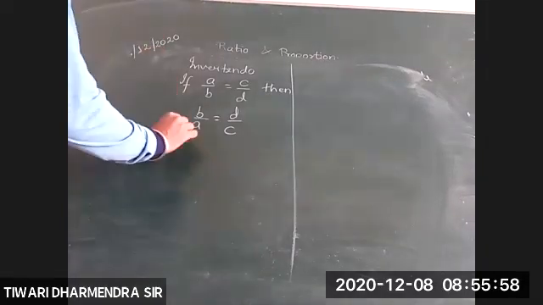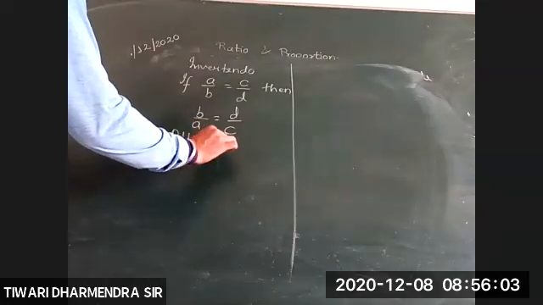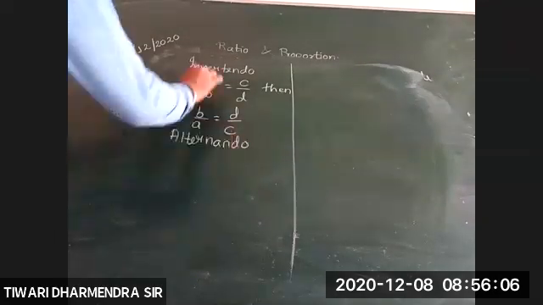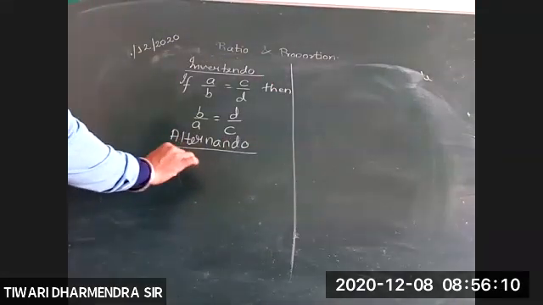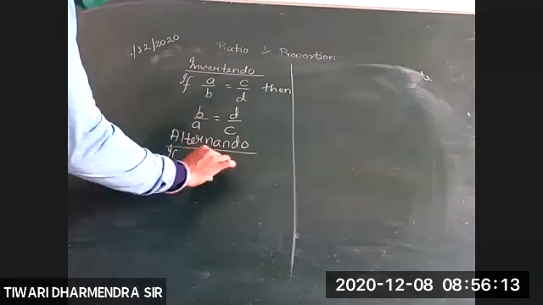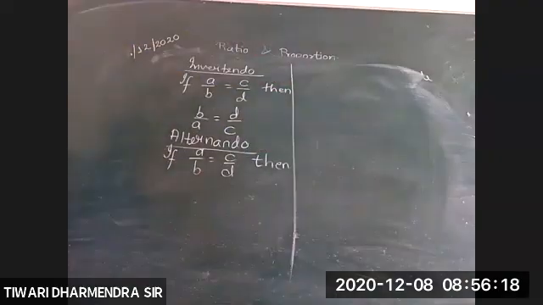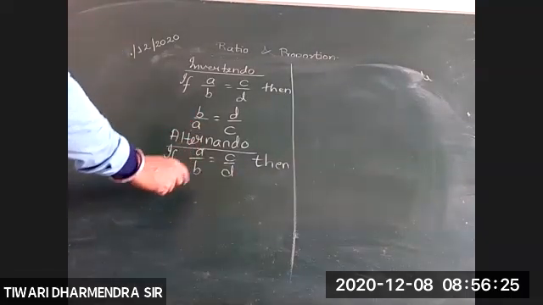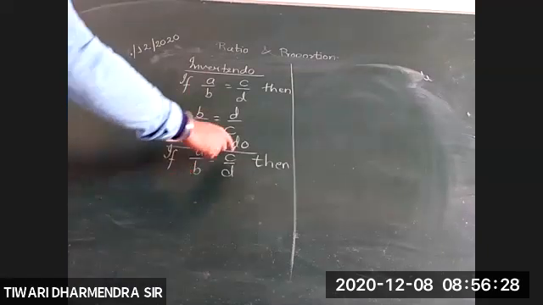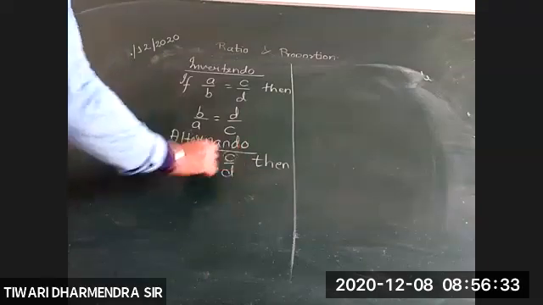Okay, next, alternando. This says if two ratios, that is A by B is equal to C by D, then alternando means the denominator of the first ratio will go to the numerator of the second ratio, and the number which is present in the numerator of the second ratio will come to the denominator of the first.